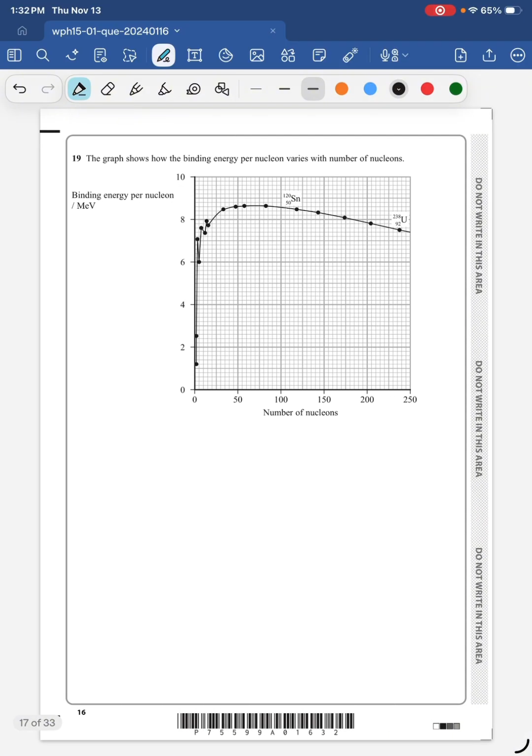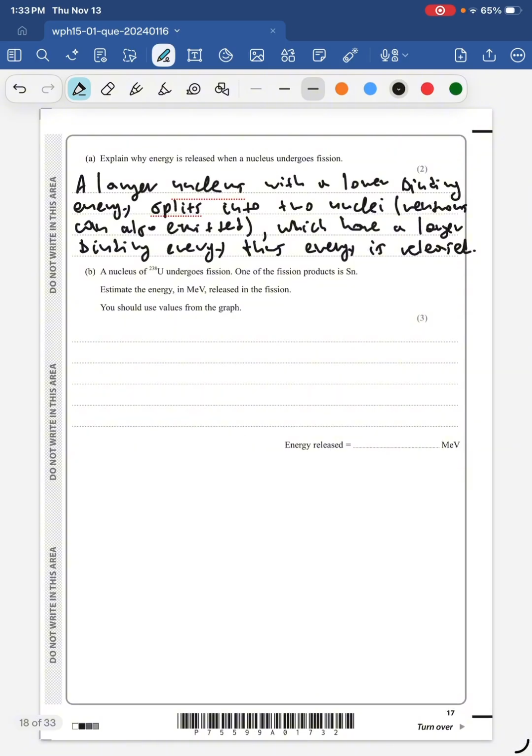So the binding energy per nucleon for uranium-238 is this one. So, okay, this is 7, 7.12. So about 7.5, let's say, is the binding energy per nucleon for uranium-238.